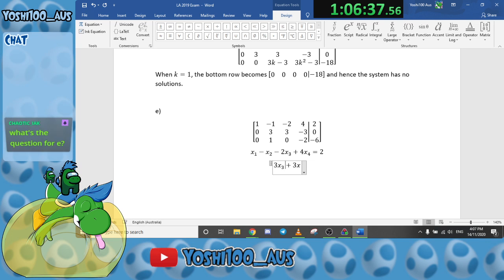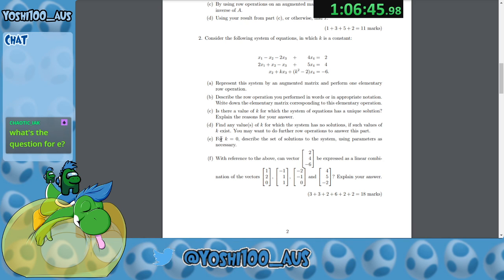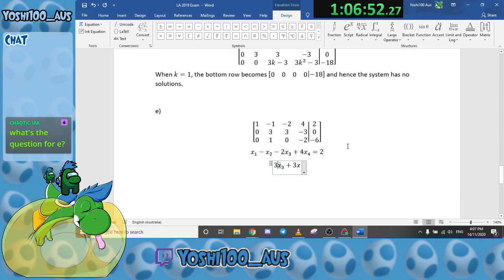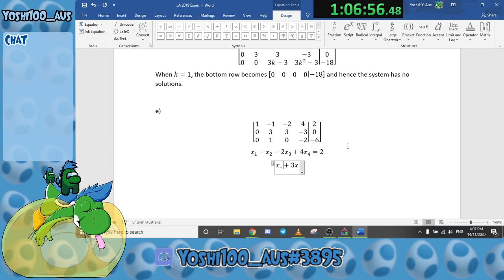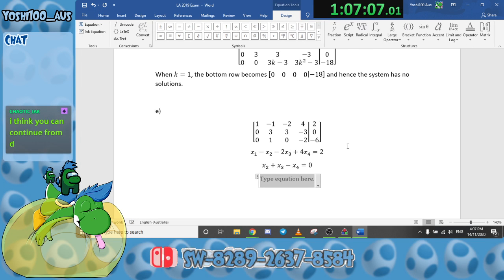No, there's too many 3's here. Oh, we can just set this to be 1, 1, minus 1, right? The question for E: for k equals 0, describe the set of solutions to the system using parameters as necessary. This one we can divide out, yeah? So that'll just make it easier to rewrite. Oh man, this is 2. x3 take x4 equals 0. Right, that's logical.